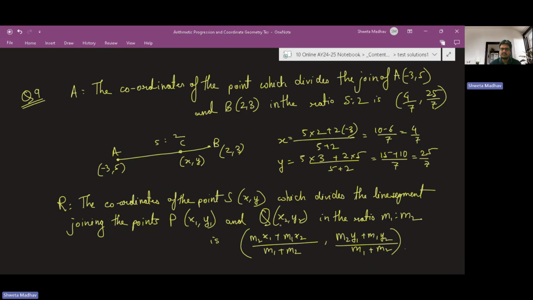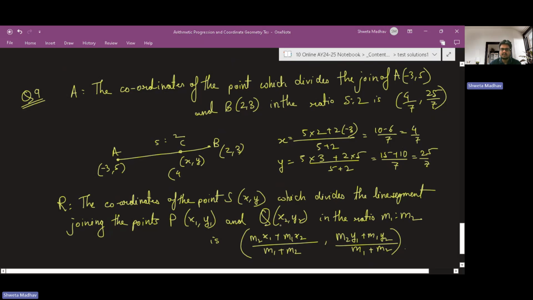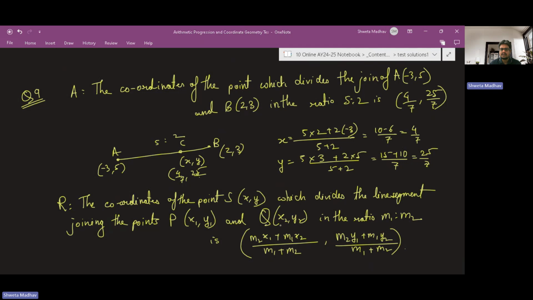So obviously the coordinates of the point C will be (4/7, 25/7). Hence the assertion is true, since it is told that the coordinates of the point which divides A and B in the ratio 5:2 are (4/7, 25/7). So that is the true statement.